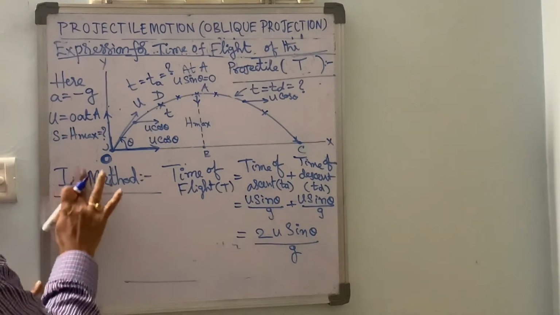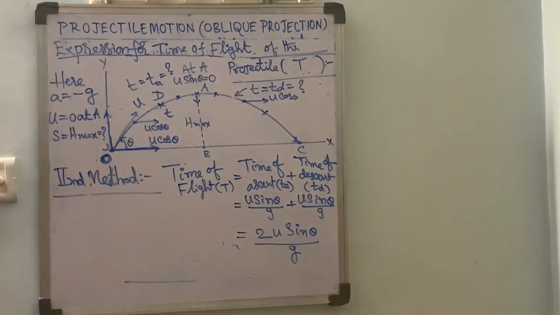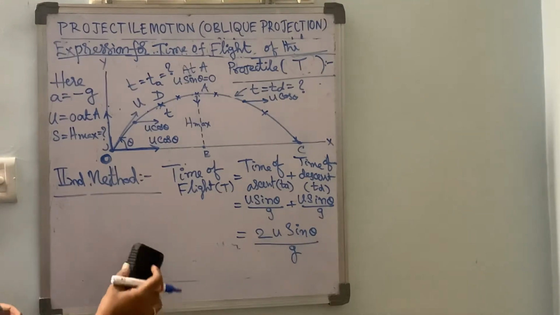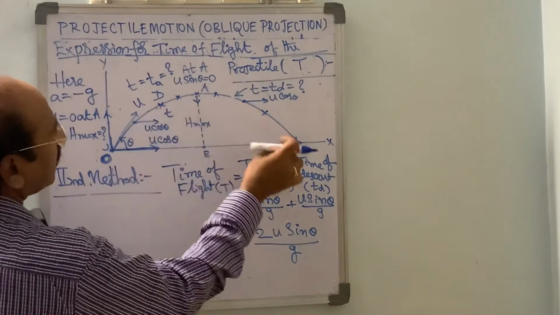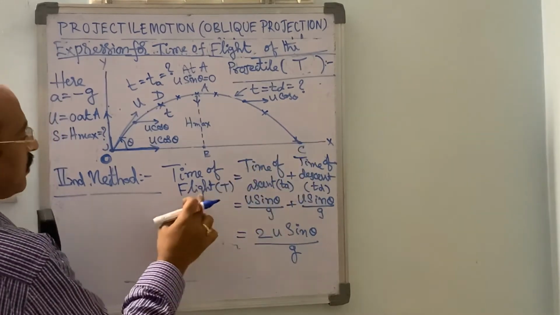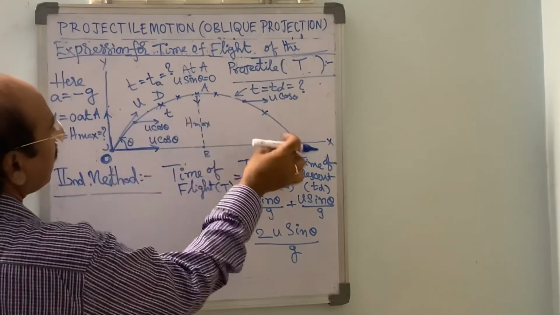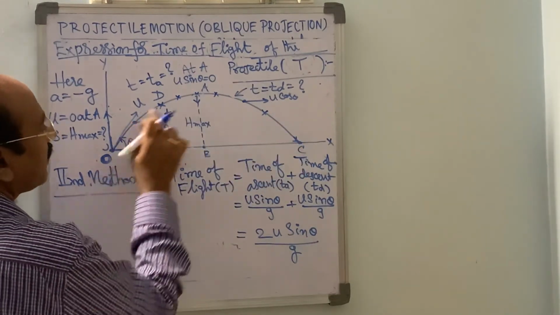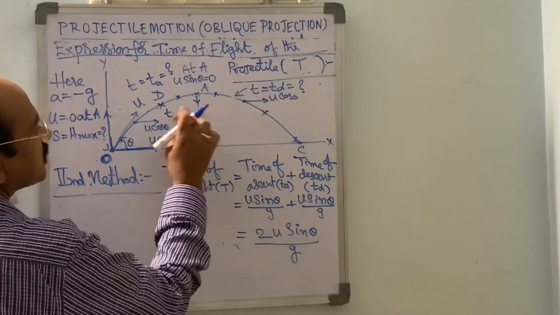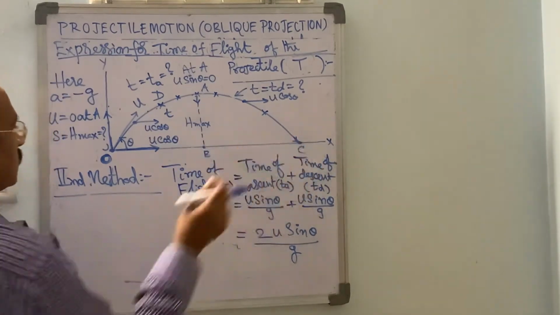Now we derive the same from the second method. Let the total journey time be t equal to capital T, that is Ta plus Td is equal to capital T, the total journey time. Now during this travel, it starts from the ground and again reaches the ground. So the vertical displacement is 0.